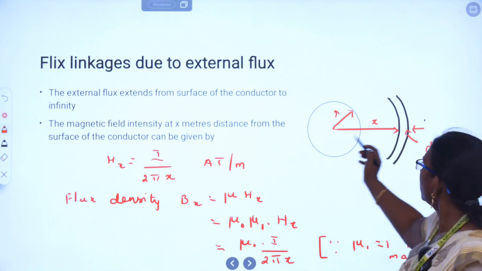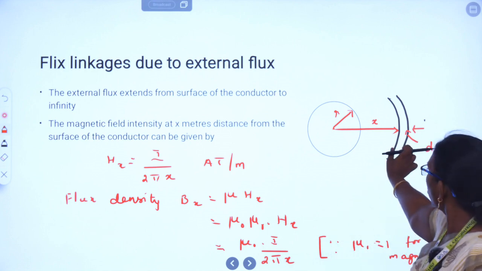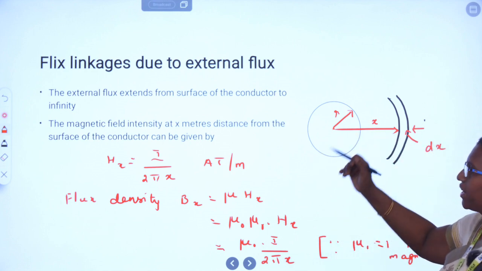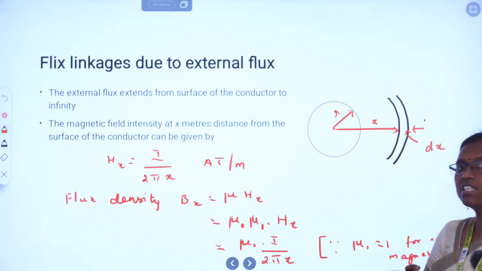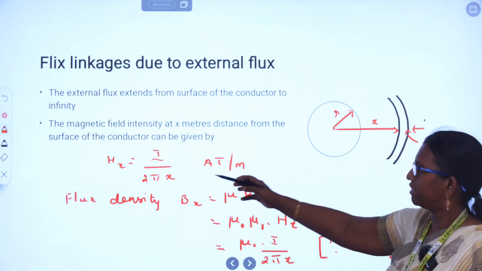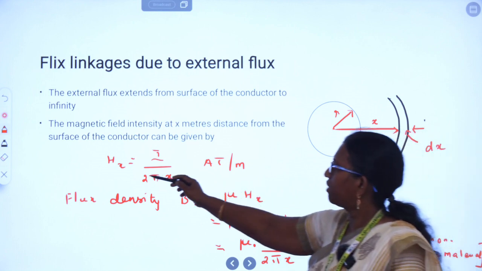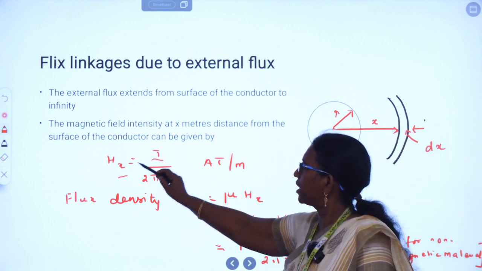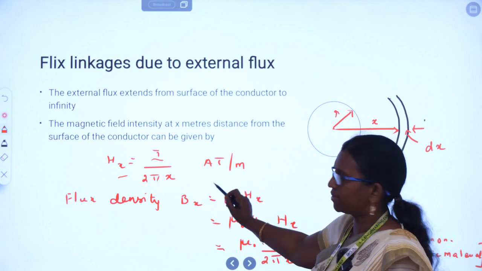Here the magnetic field intensity at x meters initially we will take, and for a radial thickness of dx, we are going to identify the magnetic flux intensity, and then we will extend it up to a distance of D or infinity. As per the previous derivation, the magnetic field intensity is given as Hx is equal to I divided by 2 pi x ampere turns per meter.